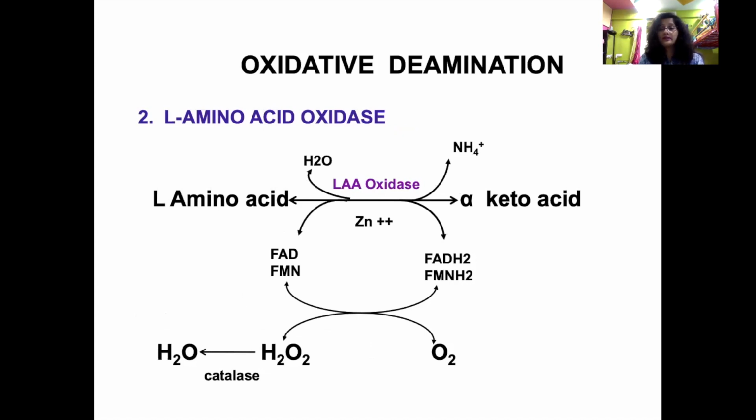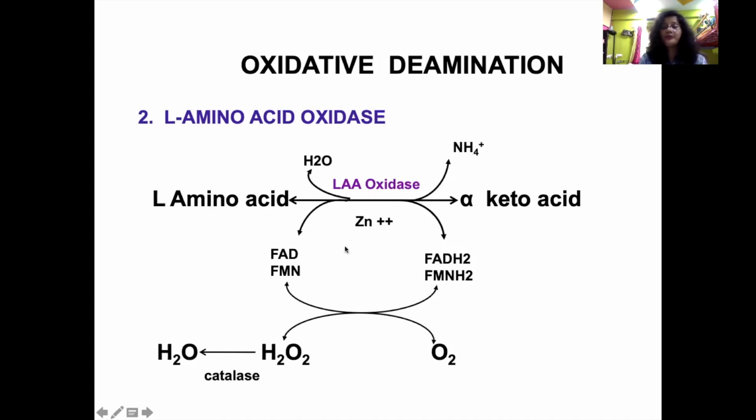Now let's discuss the other enzyme, the amino acid oxidases. We all know that in our body we have L-amino acids. So L-amino acid oxidase oxidizes this L-amino acid and converts it into keto acids with the liberation of free ammonia. Now this L-amino acid oxidase is a flavoprotein and it is a zinc dependent enzyme.